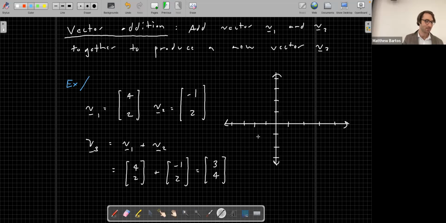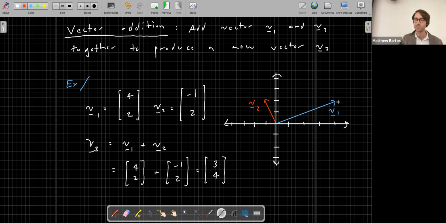I want to make sure these are clear before we move on. Our vector v1 is you go over 4 and up 2. So this is v1. Our vector v2 is at (-1, 2). This is v2. And to get v3, we just add the components of v2 to v1.